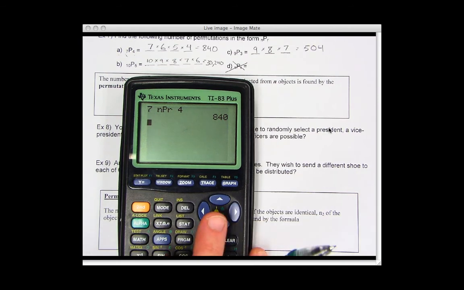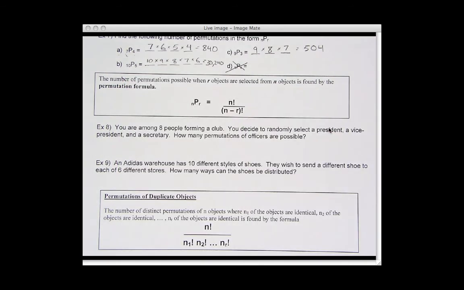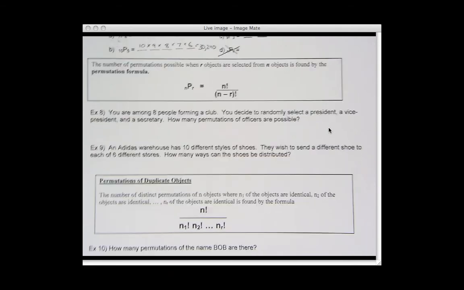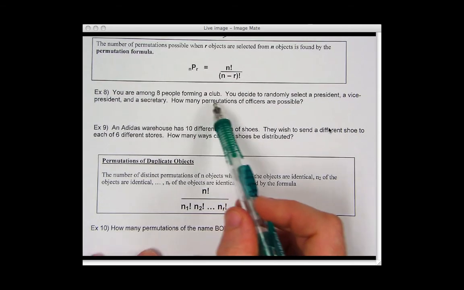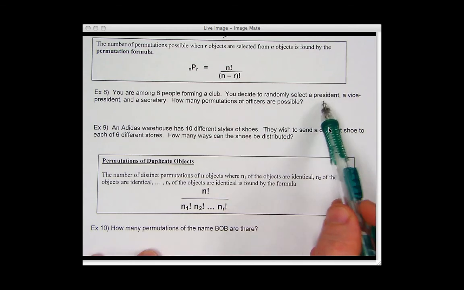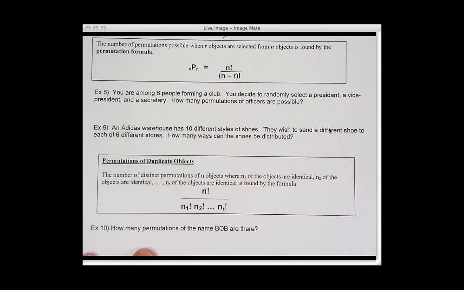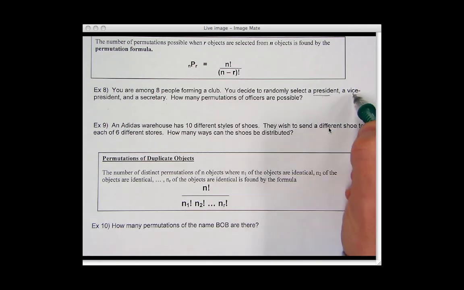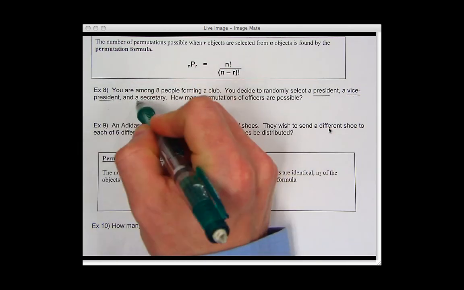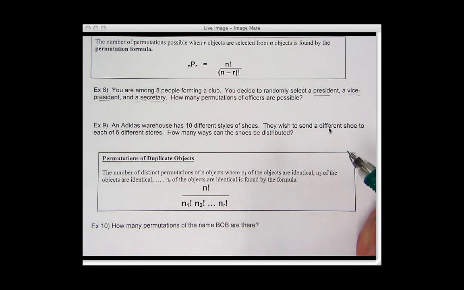Alright, so let's see how we can use this to answer some problems. It says you're among 8 people forming a club. You decide to randomly select a president, a vice president, and a secretary. How many permutations of officers are possible? Now, it's very important to note that a president, a vice president, and a secretary are all different jobs.